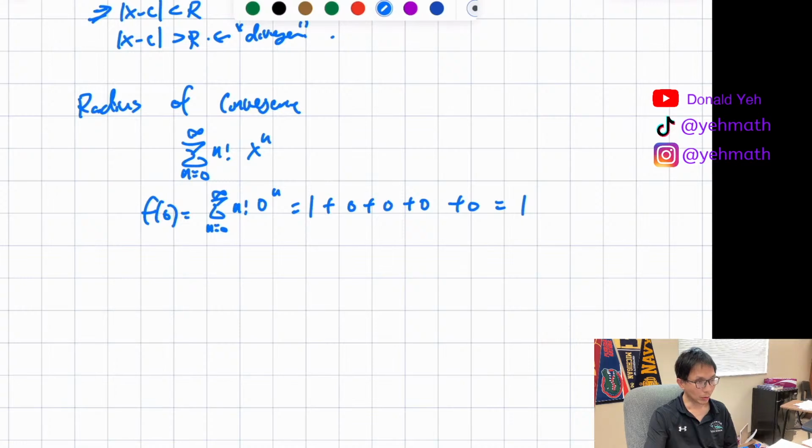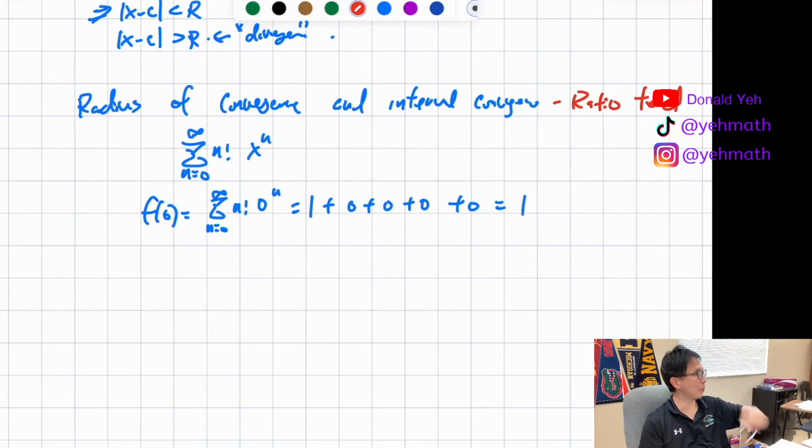So the best test for radius of convergence and interval of convergence, you're going to do a ratio test. What does a ratio test tell you? If the next term over the original term is less than 1, the series converges.